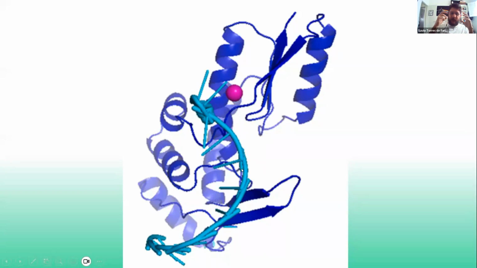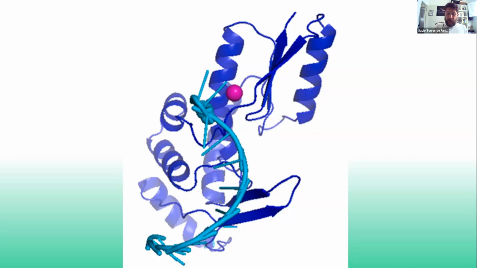It's very interesting because the ancestral structure of the DNA polymerase had more affinity to RNA than to DNA.